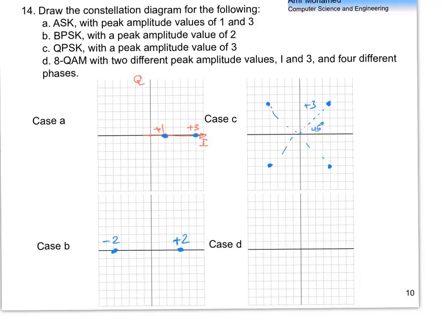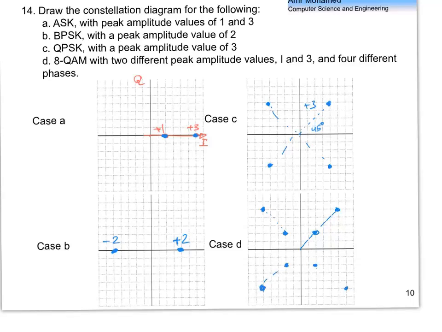For case D we have 8 QAM with 2 different peak amplitudes. So 8 QAM is composed of 2 QPSK, one at 1 and one at 3. So we have one dot here and one dot here, one dot here and one dot here, and same thing here.